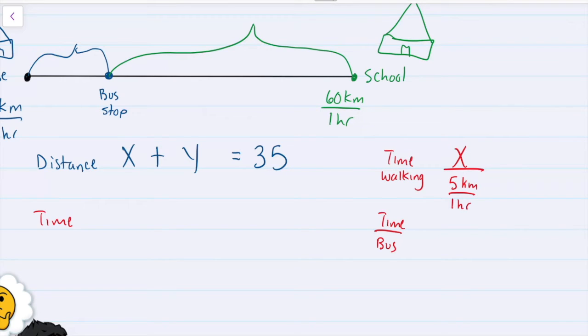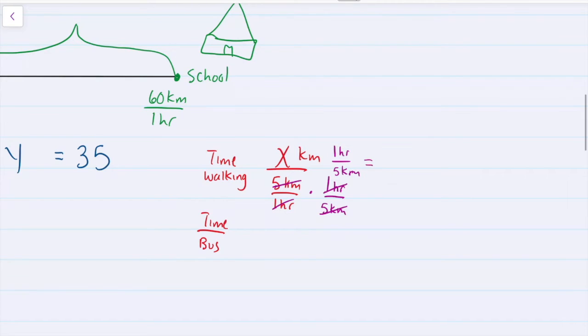Isn't the X also in kilometers, because it's how much they walked? Because of that, we cannot have a fraction over another fraction, so we multiply by what is called the reciprocal. These cancel, and we're left with just X over 5 kilometers.